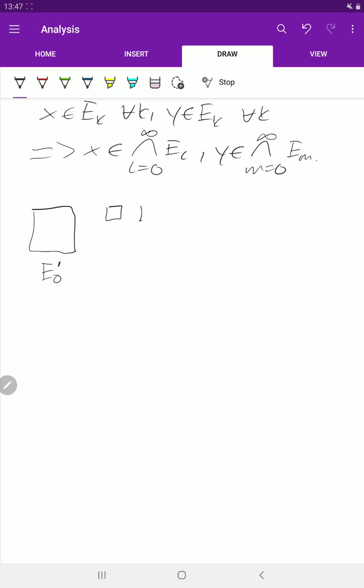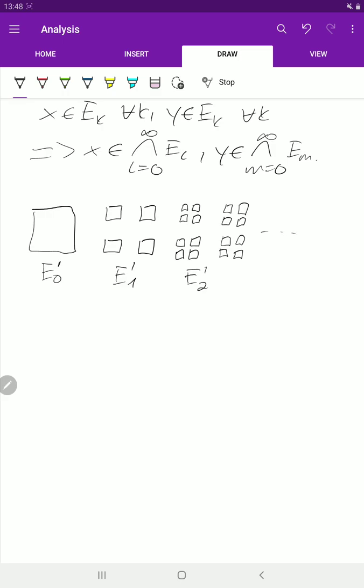Then we would have here 4 squares, and then it would get smaller and smaller. So this would be E2 prime. Of course there are some more. So for all squares we get 4 squares, and then we can go on like this.